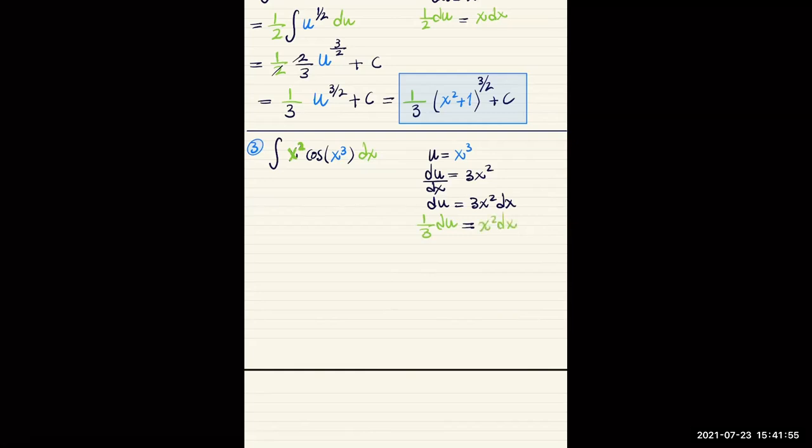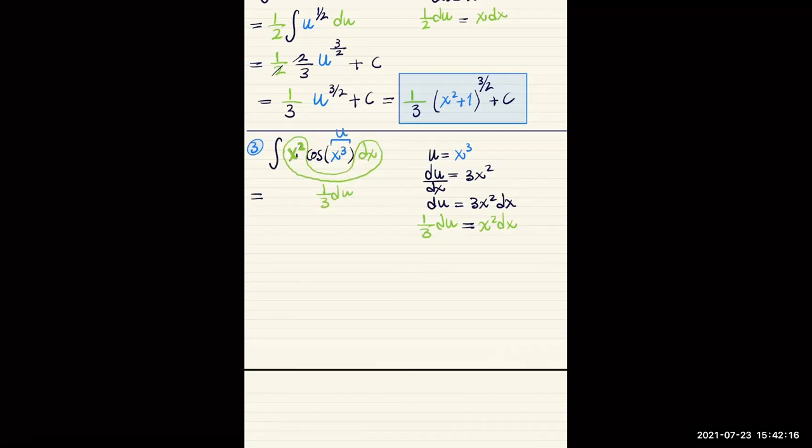Okay, so now we substitute. This is equal to, here, let me do that thing. So this right here is 1/3 du, and this guy is just u.